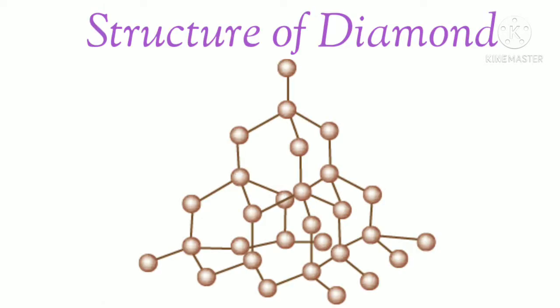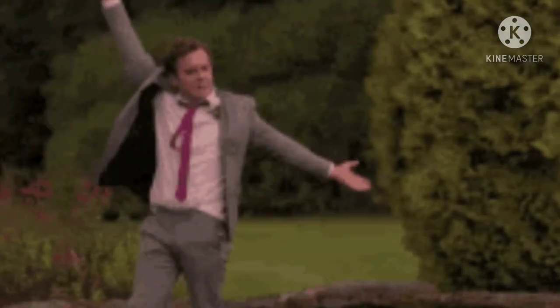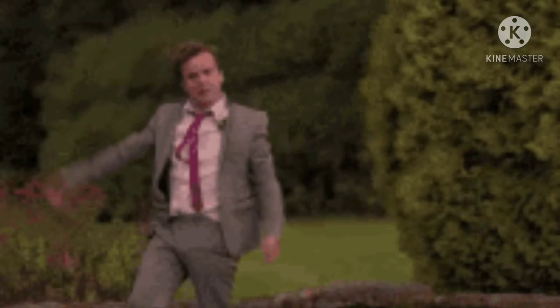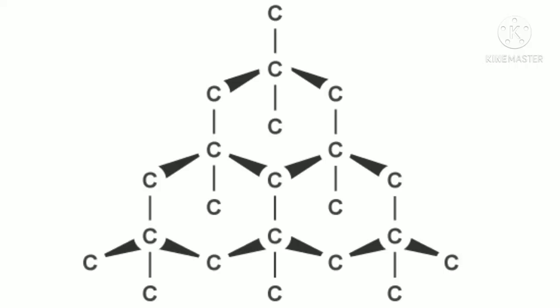First one is structure of diamond. A diamond crystal is a giant, very big molecule of carbon atoms. Each carbon atom in the diamond crystal is bonded or linked to 4 other carbon atoms, forming a rigid three-dimensional structure and makes it a very hard substance.